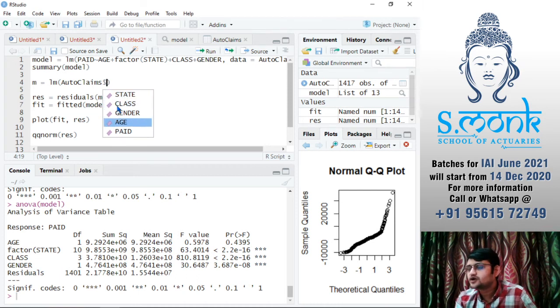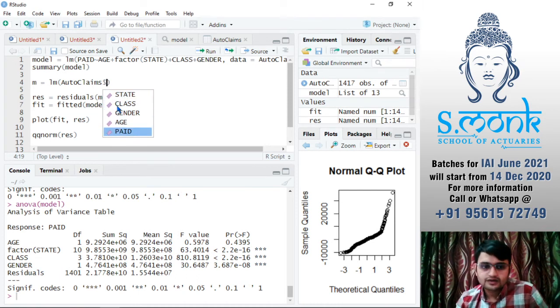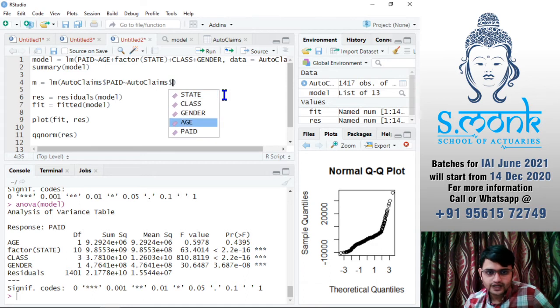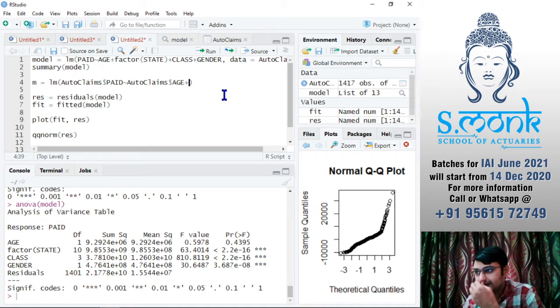That way I do not make a mistake with spellings. So I'll say paid follows, I will say again autoclaims $ age, then plus all the others. This is another way of writing.